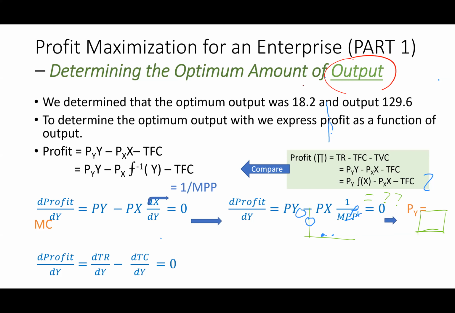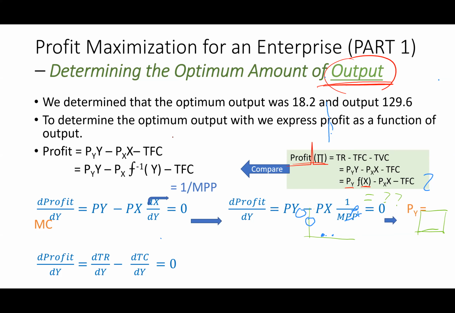Here, we use the same procedure to find the optimum amount of output. So to do that, this is on the right here, the profit function that we set up earlier, py times f(x).